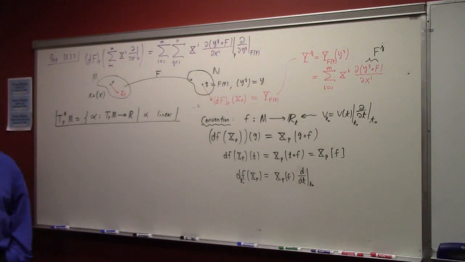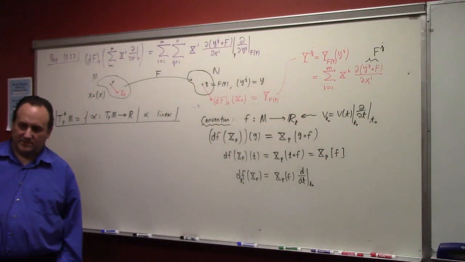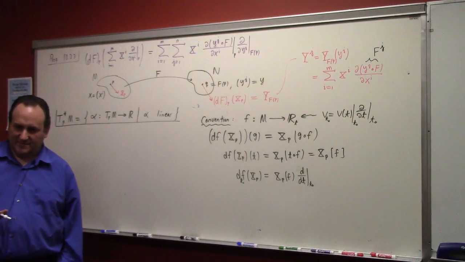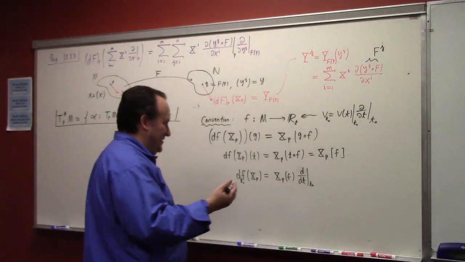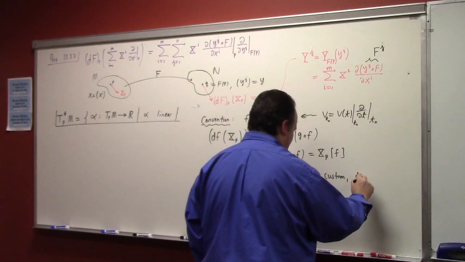And so here's the custom. The custom, in the case of one dimension, is to just drop the d dt.